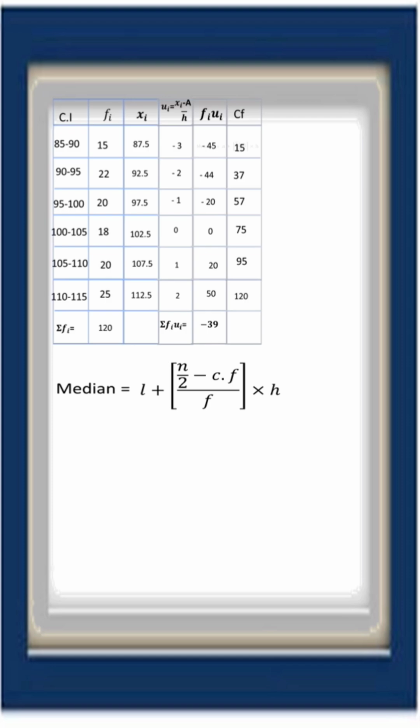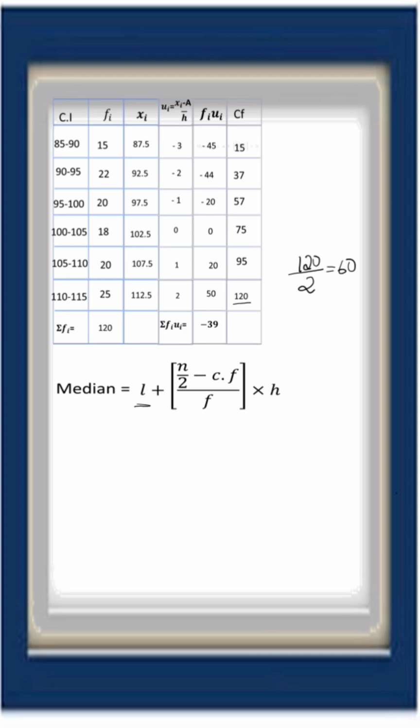Now let us calculate median, the formula of which is L plus (n by 2 minus cumulative frequency) upon f, into h. Here, how can we calculate L, the lower class limit? Summation of fi is 120, isn't it? So n is 120, 120 by 2, that is 60.